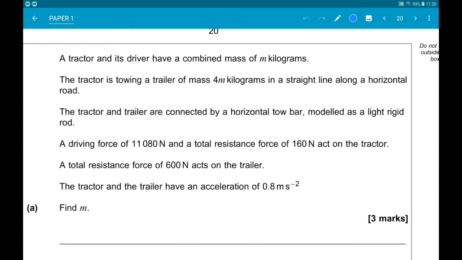Part A, find m. Okay, so as I said, because they are connected by this rigid rod, we can model them as a single particle. So the total mass is 5m.